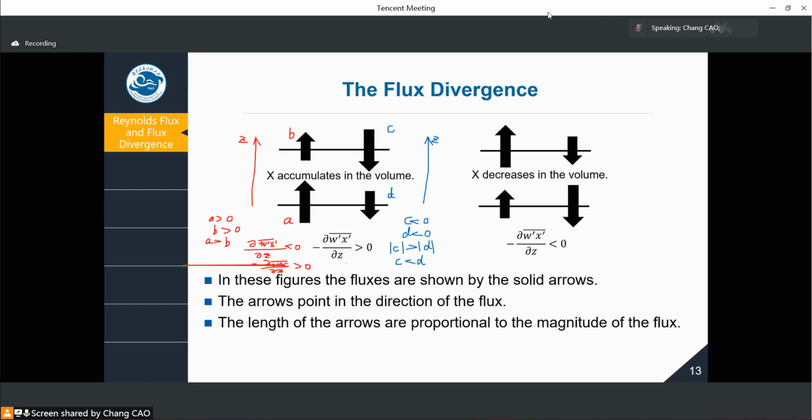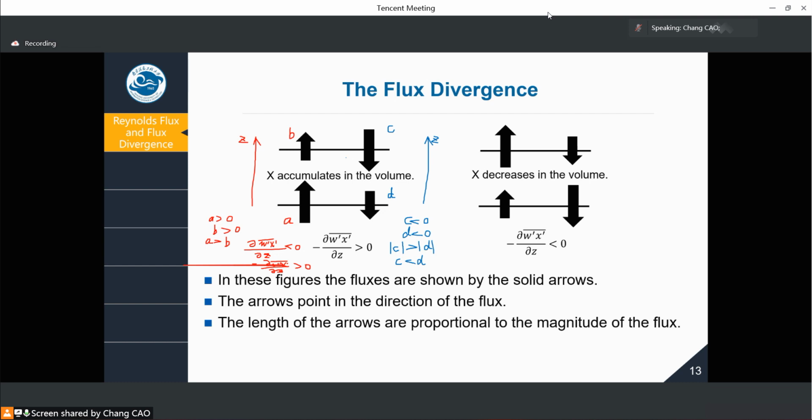Actually, the minus sign is included because the tendency of the variable is due to the convergency, which means that it is minus the divergency. You can think of this as just by convention. By convention, we add a minus sign here.